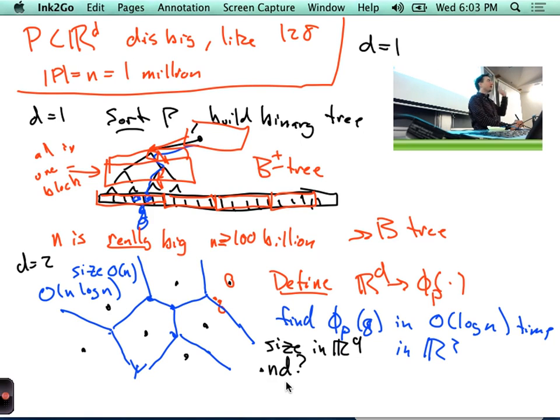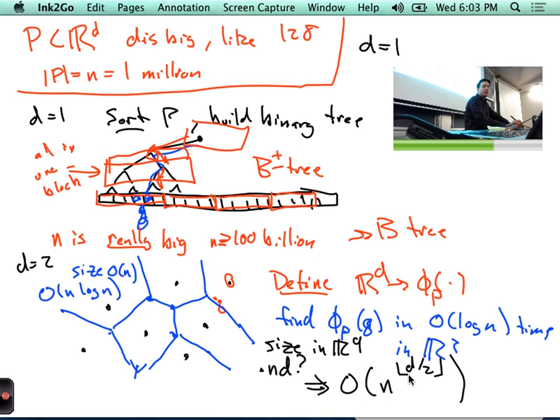If this is what you could do, searching in high dimensions would actually be a lot easier, because you could build this and then use this structure to look stuff up. The problem is it's actually much bigger. The size is going to be n to the floor of d over 2.